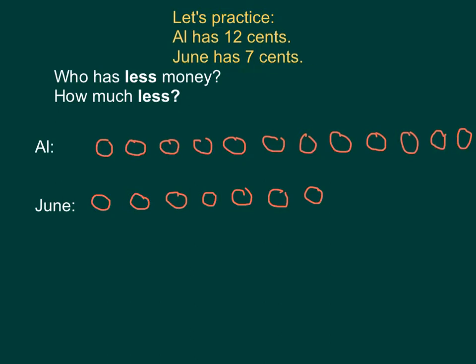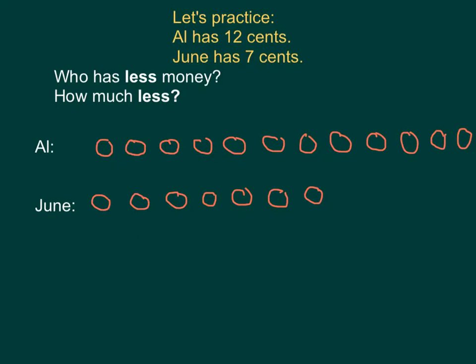And then I looked at June and she had 7 cents. So I have June here. And if you notice, I drew the pennies so that they line up so that later I can do my matching. And I counted out 1, 2, 3, 4, 5, 6, 7 pennies.